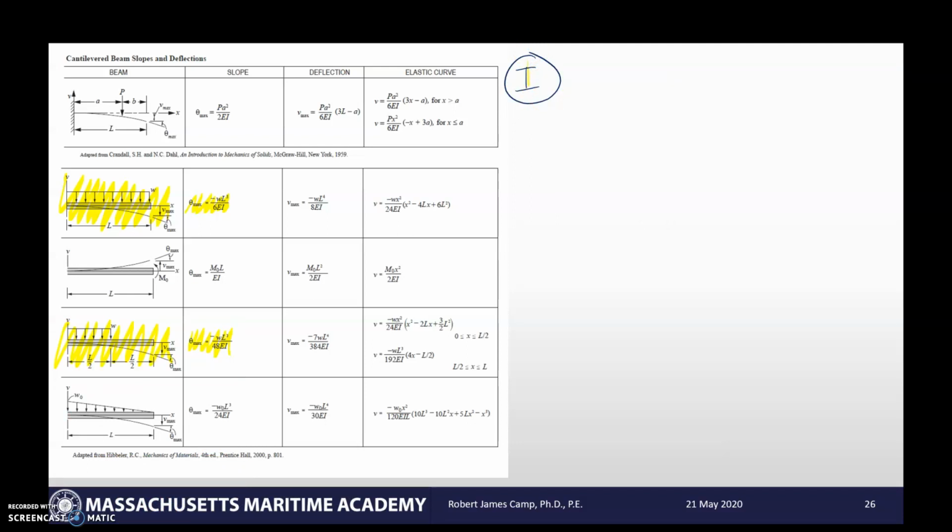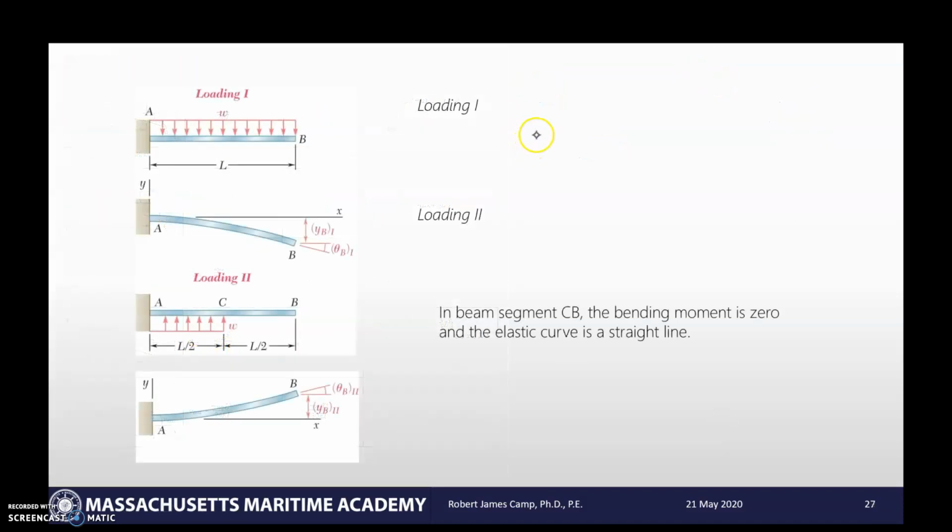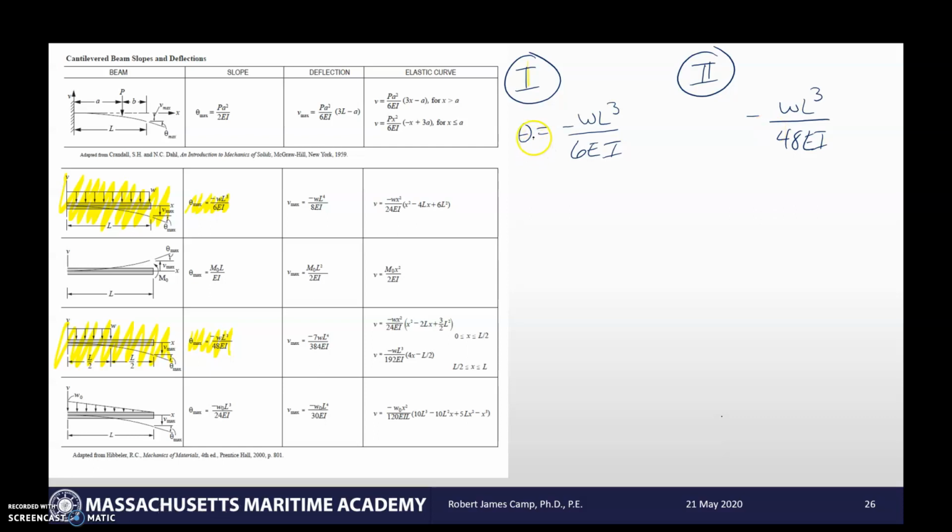And so taking a look at 1, the slope at the end, the max, is negative WL cubed over 6EI. And then for condition 2, the slope would be negative WL cubed over 48EI. We'll just call this one 2 for right now.